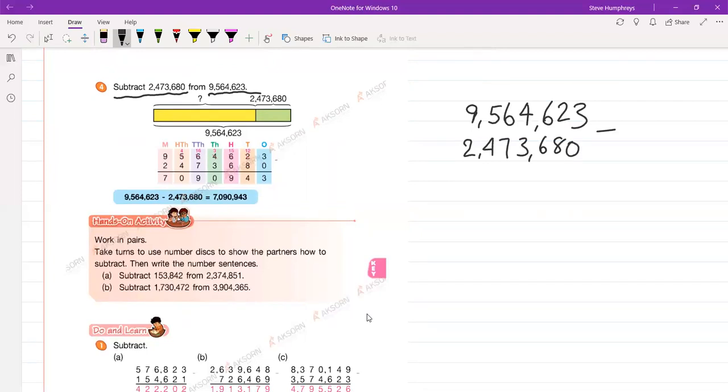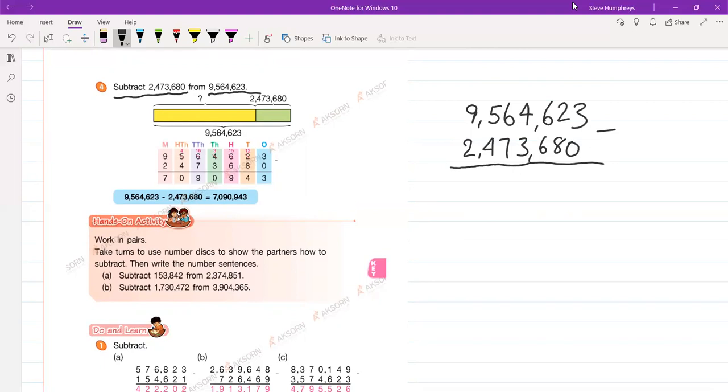Okay. There's a bit more work in here to do, and there's borrowing and regrouping. That's the word they use, regrouping. Okay, let's see what we can do.